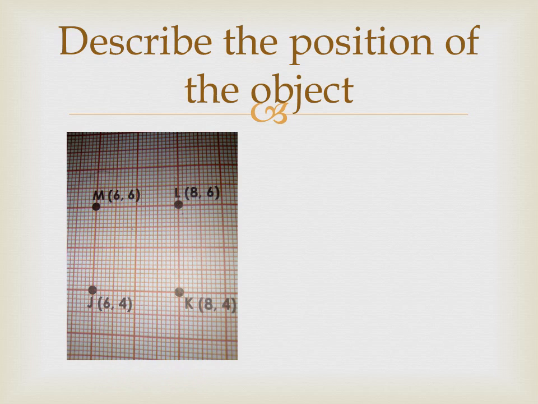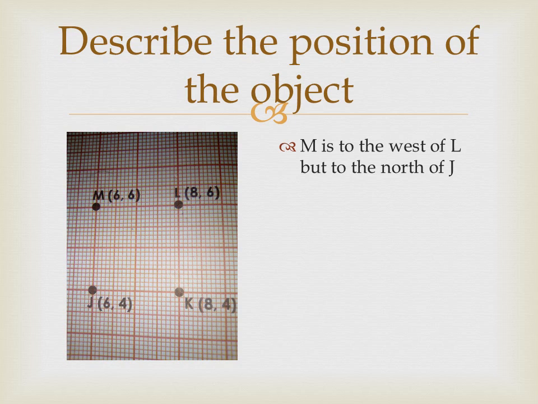Now on the graph you have object M with coordinates positive 6 and 6, object L with coordinates positive 8 and positive 6, point J with coordinates positive 6 and positive 4, and K with coordinates 8 and 4.